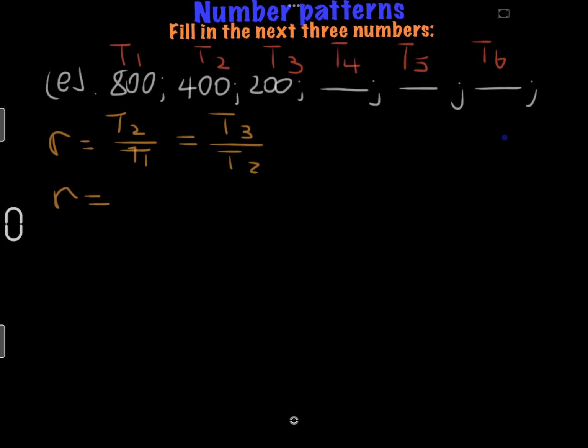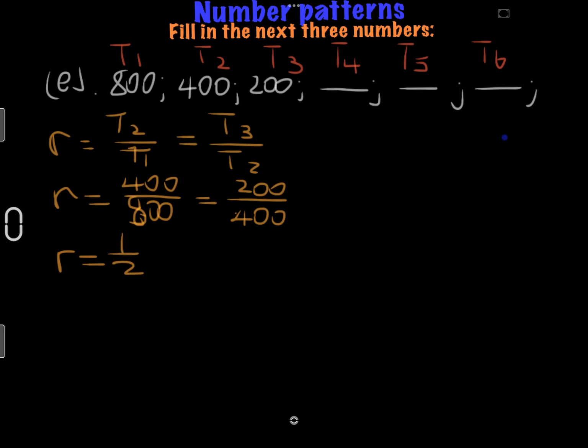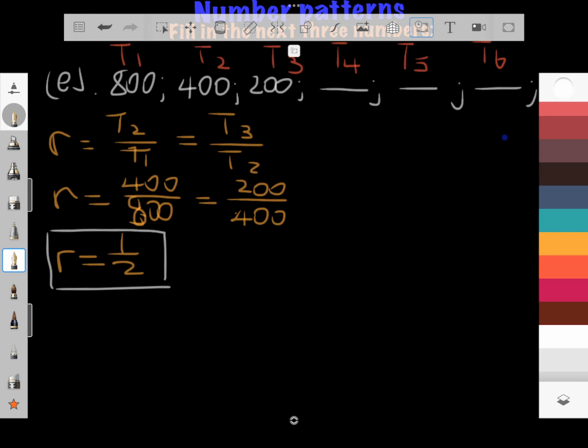R is equal to 400 divided by 800, which is equal to term 3, 200, divided by term 2, which is 400. Looks like our ratio in this case is simply a half. Very important to identify this R, and you can keep it as a parameter in the bracket.